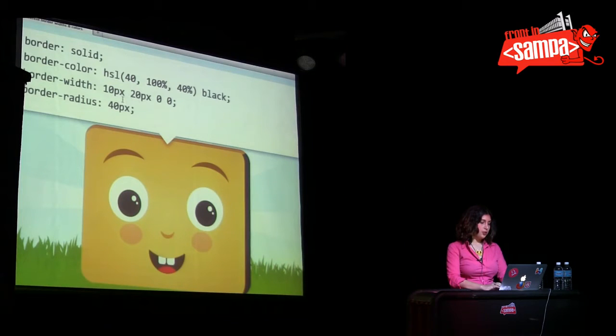An important thing to notice is that the difference between these two colors is abrupt. It's not gradual. It's just a diagonal, abrupt change from black to this sort of brownish color. And the border radius does not affect the angle of this. I can change the border radius as much as I want, and the angle will stay the same. The only thing that changes the angle is if we change the border thickness.